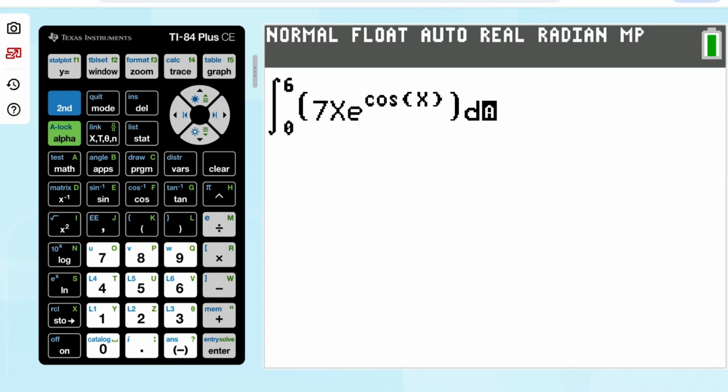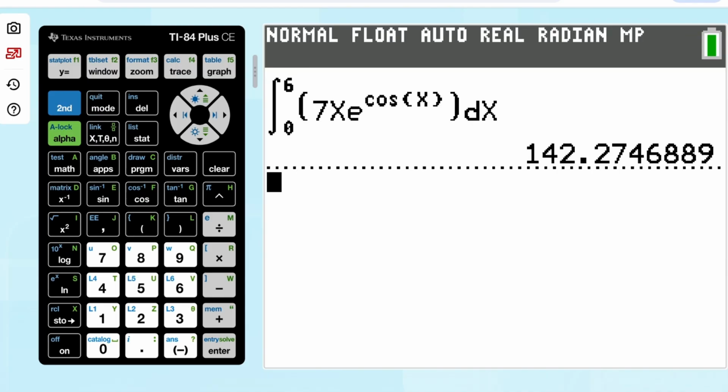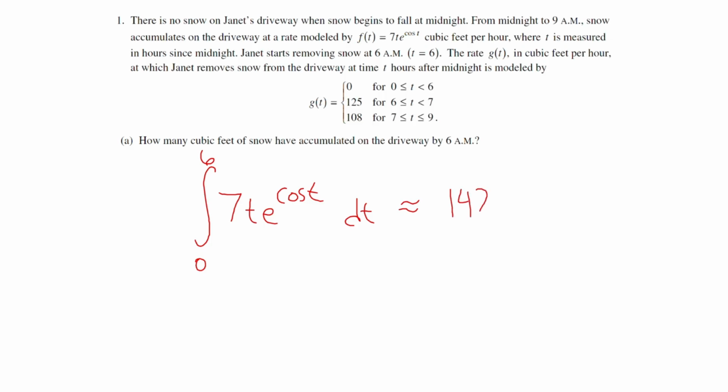Of course, we'll put our dx out here since that's our variable, and we end up getting 142.275 cubic feet. And that's worth 2 points: 1 point for the integral setup and 1 point for the answer.